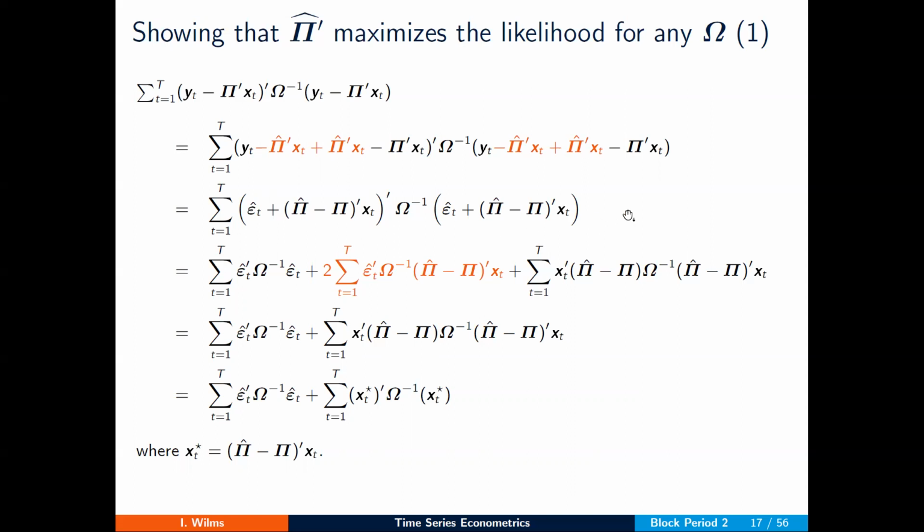Okay, so that is what I do in this line. To arrive at the next line, just expand the terms that you have. And then I get this squared term for the residuals, I get the cross term over here, and then I have the squared term for the x's.